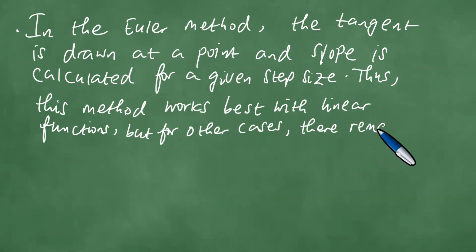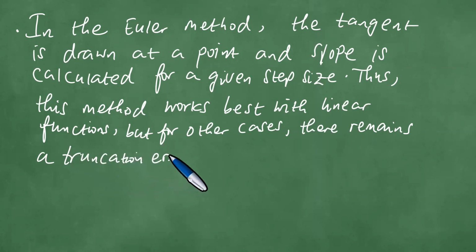So in the Euler method, the tangent is drawn at a point and slope is calculated for a given step size.